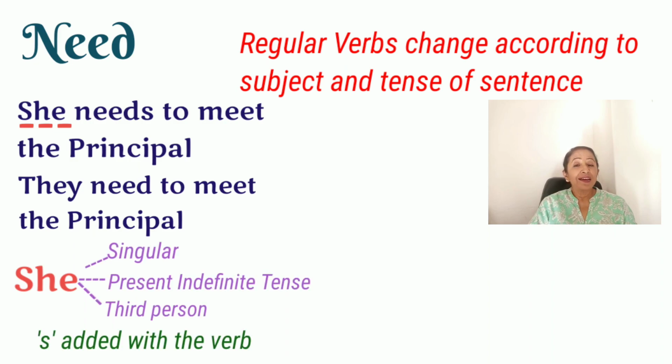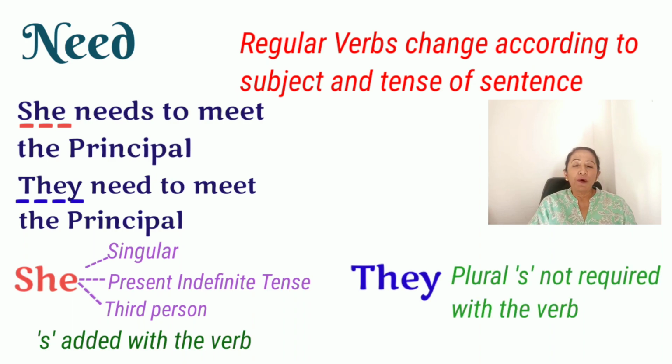She needs to meet the principal. But when the subject becomes plural, there's no requirement to add an S to the verb. So it remains need. They need to meet the principal.